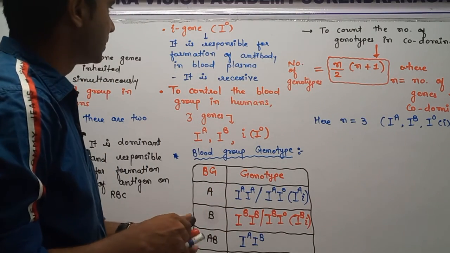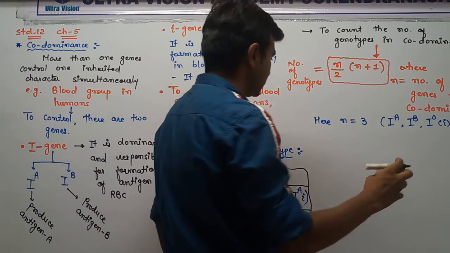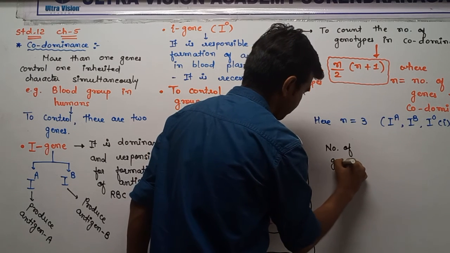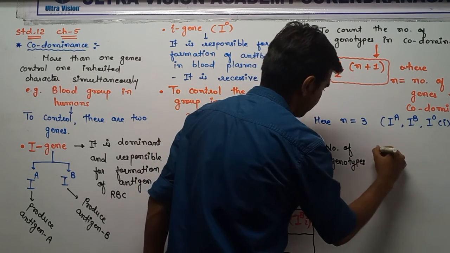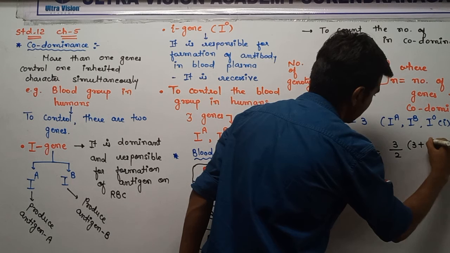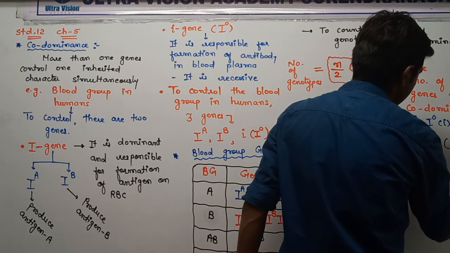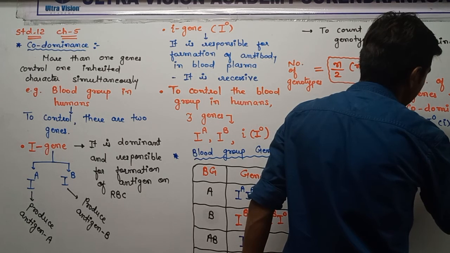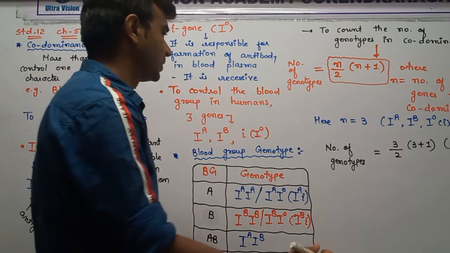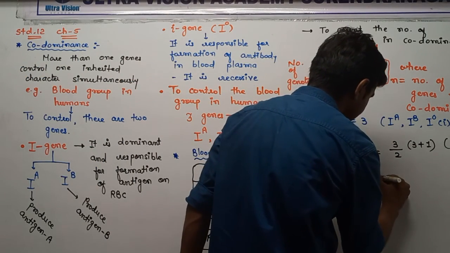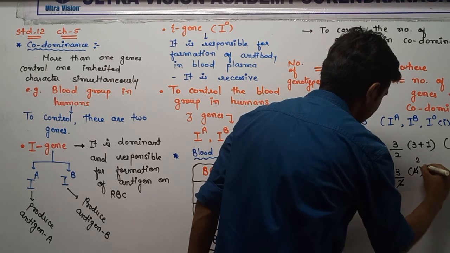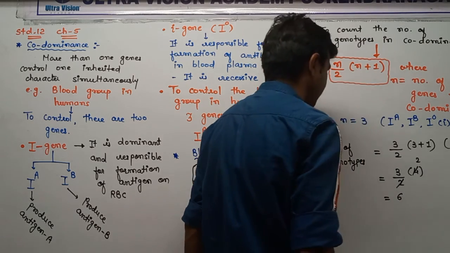So put the value in the formula. Number of genotypes is equal to 3(3+1)/2, because here n is equal to 3. How will it come? 3 by 2 remains as it is, and here 4 comes. So the answer will be 6.